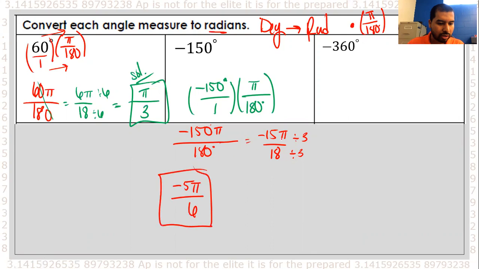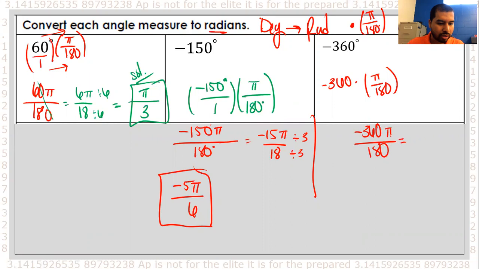Awesome. Okay, last but not least, we have negative 360 degrees. Some of us already just saw from our notes that this is negative 2 pi. If not, you can do the exact same thing. So I got negative 360 times pi over 180. This should give me negative 360 pi over 180.